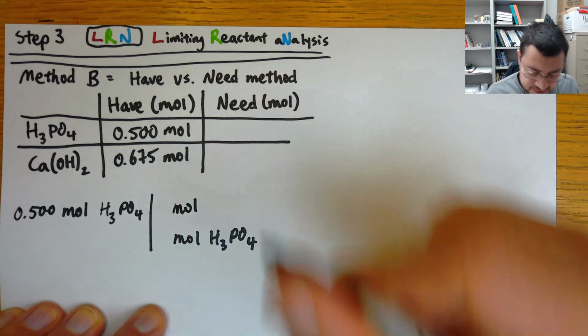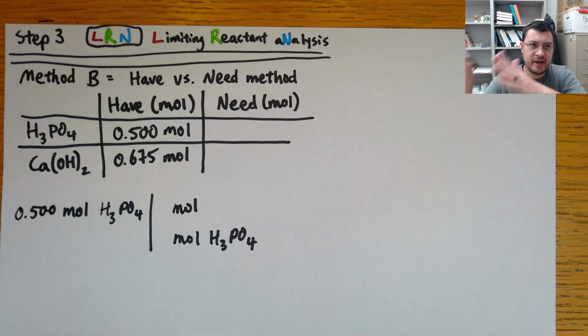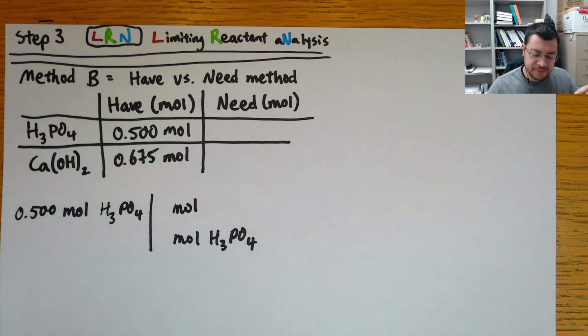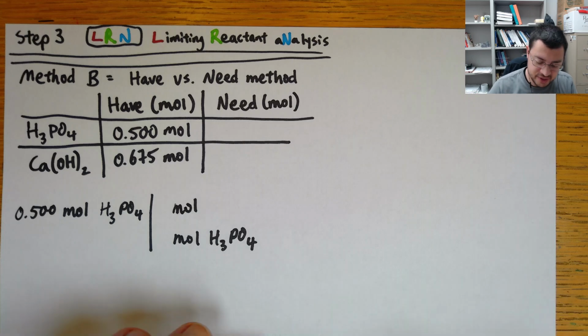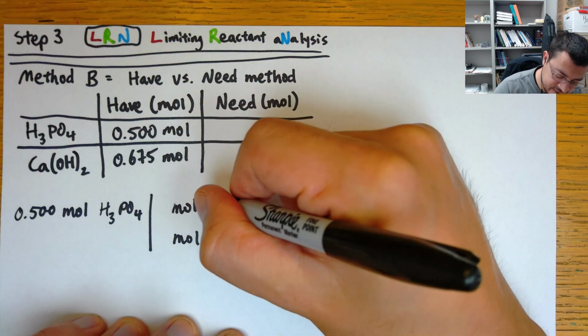What makes this method different from method A is that instead of calculating a product, we are comparing between the reactants in terms of how we set up our mole ratios. So we'll just convert this to calcium hydroxide.